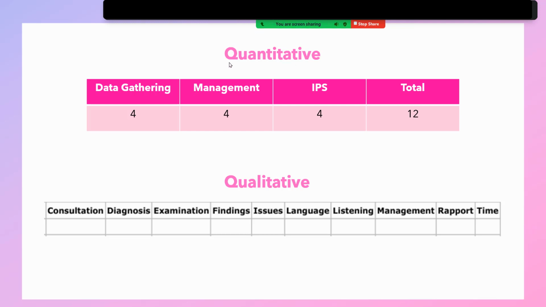So we have quantitative mark domains and qualitative. What is the difference between quantitative and qualitative? Quantitative are the numbers that you get in each domain. Qualitative gives you an idea about where exactly the defect in your performance is in each case.